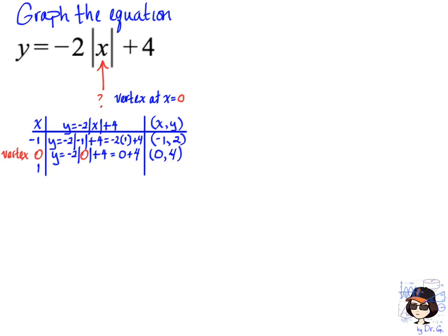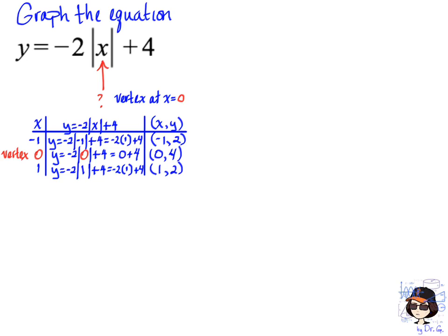So our coordinates are -1, +2. And then for the last point, x equals +1, let's do the same thing. We get y equals -2 times the absolute value of +1 plus 4. The absolute value of +1 is, again, +1. So we get -2 times 1 plus 4 again. So those coordinates are +1, +2.